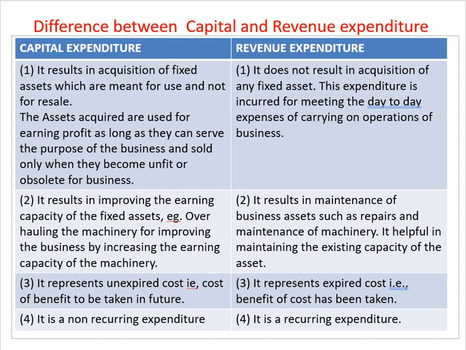Third point under capital expenditure, it is unexpired cost, that is cost whose benefit is to be taken in the future. For example, if you buy a machine now, in the future you will get benefit. Third point under revenue, it represents expired cost, that is the benefit of the cost has already been taken. Fourth point, capital expenditure is non-recurring expenditure. Fourth point, revenue expenditure is recurring expenditure, because it is revenue expenditure.